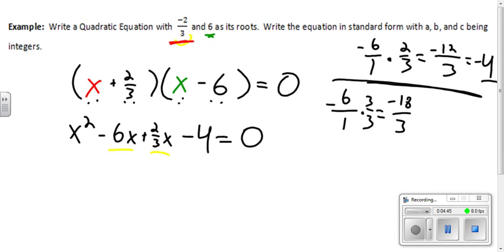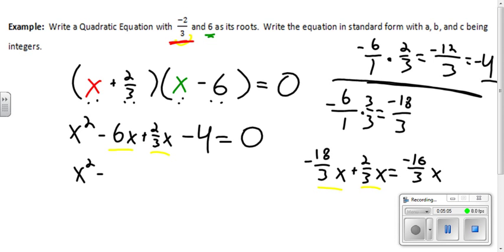So if we look at that as -18/3 x plus 2/3 x, this is how we're combining our like terms from over there. This is going to become negative 16 thirds x. So we're left with x squared minus 16 thirds x minus 4 equals 0.